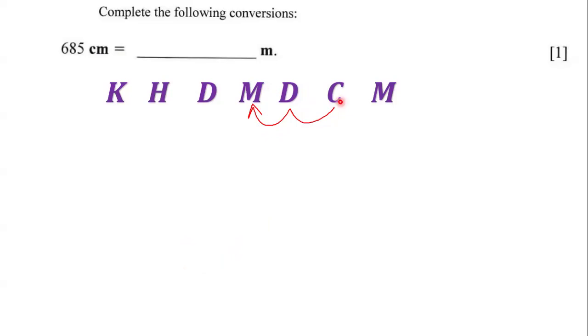So let's go to 685. Remember the decimal point is behind the 5. So we're going to move over twice to the left, 1 and 2 times.